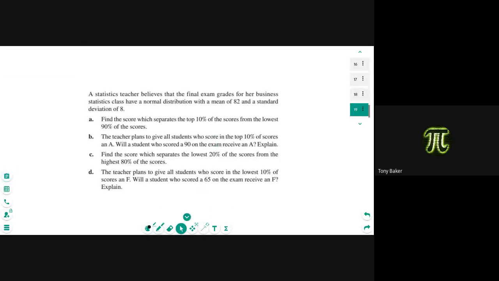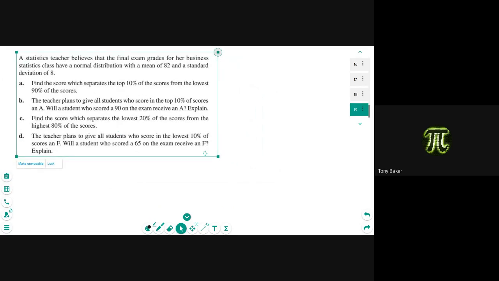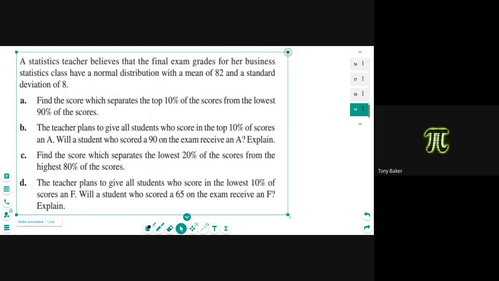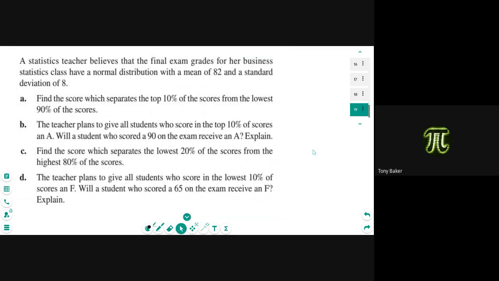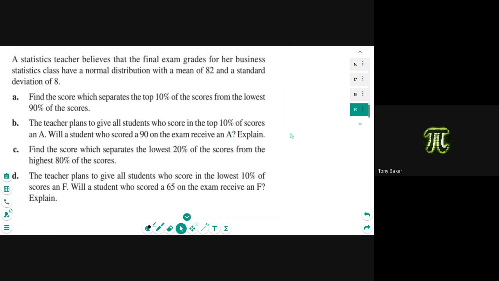This is why. All right. Figure out question A.